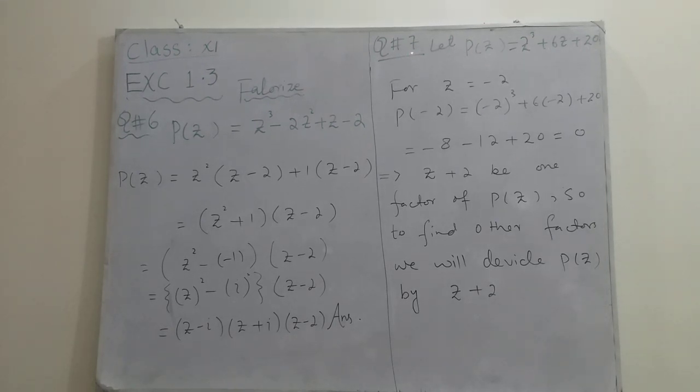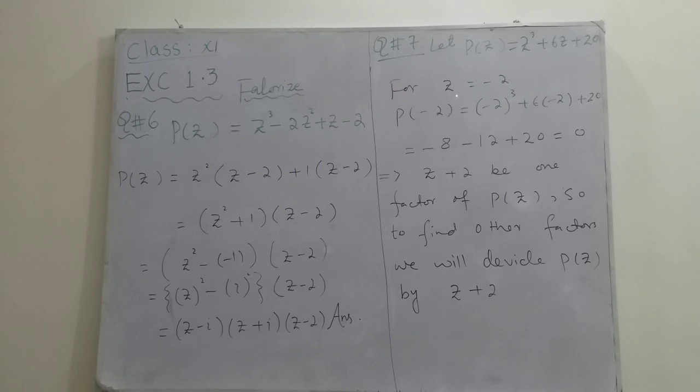Now question number 7. Let p of z is equal to z cube plus 6z plus 20. Now directly we cannot factorize this equation. So we will use a method you have learned in your grade 10, that is we put a value of z for which the remainder is 0 to find the first factor.